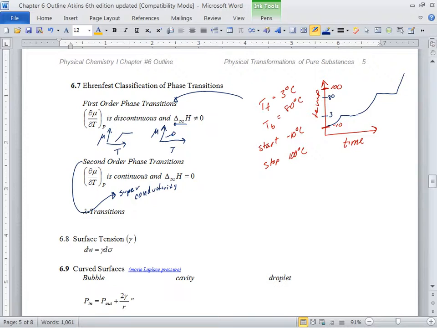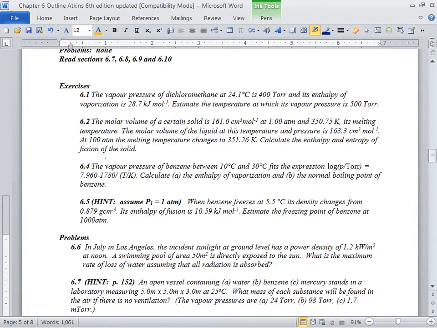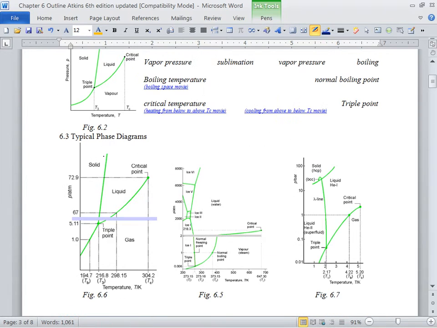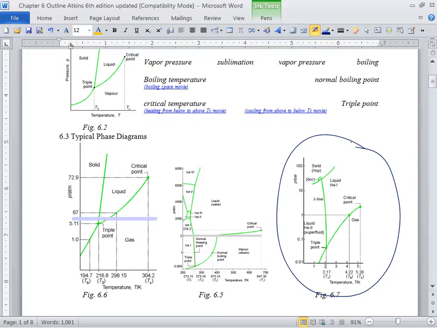We talked about these lambda transitions. We kind of saw one, our lambda line for helium. So there's a lambda transition. What can you say about it?